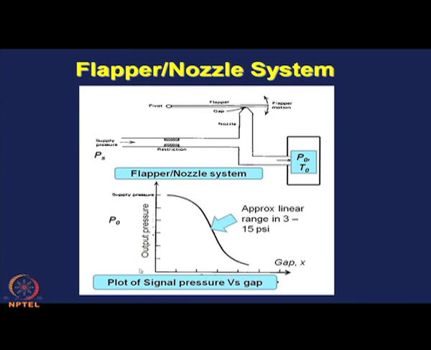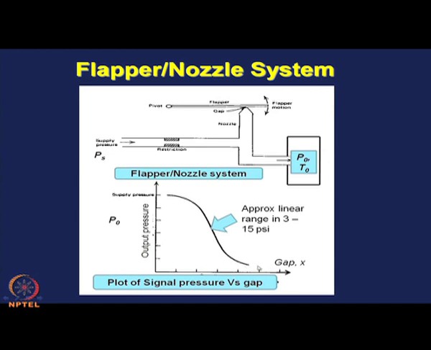So, this is the plot one gets when one plots output pressure or signal pressure versus the gap between the nozzle and the flapper. It can be seen that for large value of gap or the displacement, this part of the graph tends to saturate.